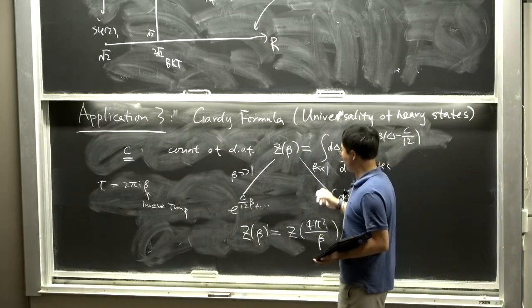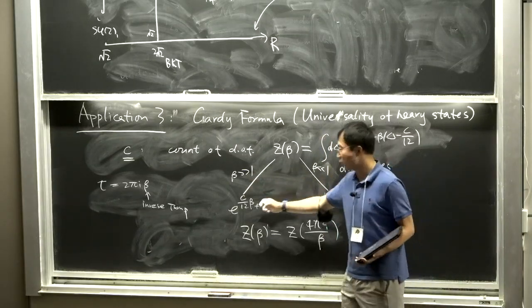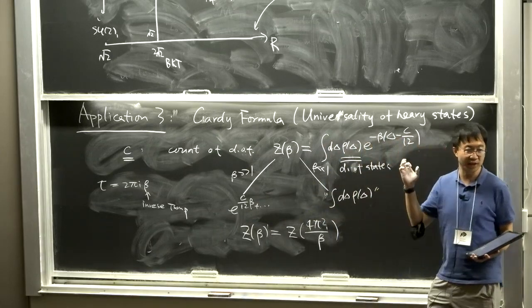What this tells us is that the divergences you see in these two limits are related. You have an exponential divergence over here as beta goes to infinity. You have a divergence over here from summing over all the high energy states.